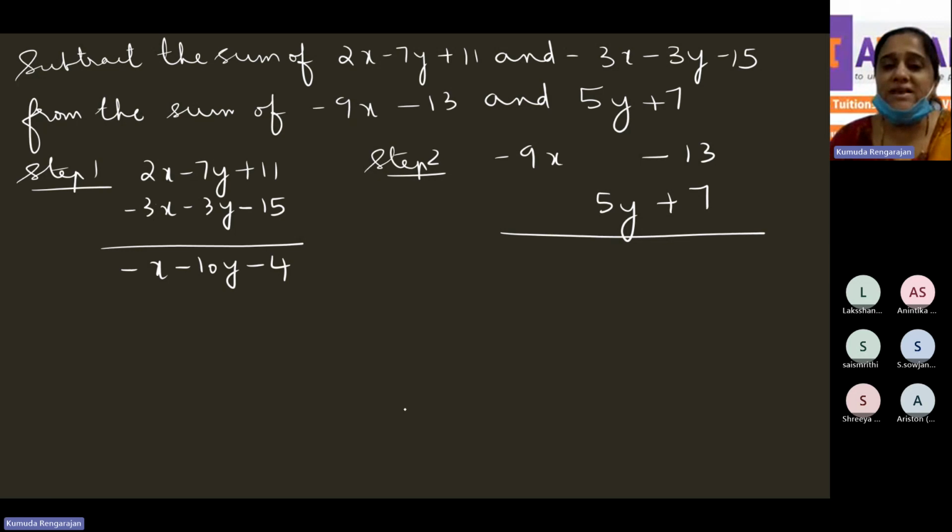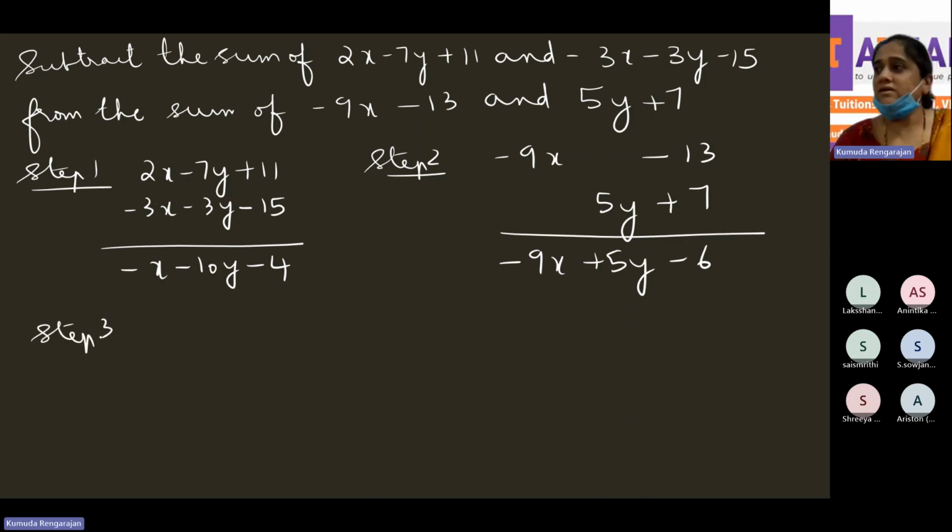Minus 9x minus 13, and then we are not going to write 5y below minus 9x because they're not like terms. So 5y, you can see how it's written, plus 7. Number under the number, minus 13 under that plus 7. Now this is going to be minus 9x plus 5y minus 13 plus 7 is minus 6. This is step 2.